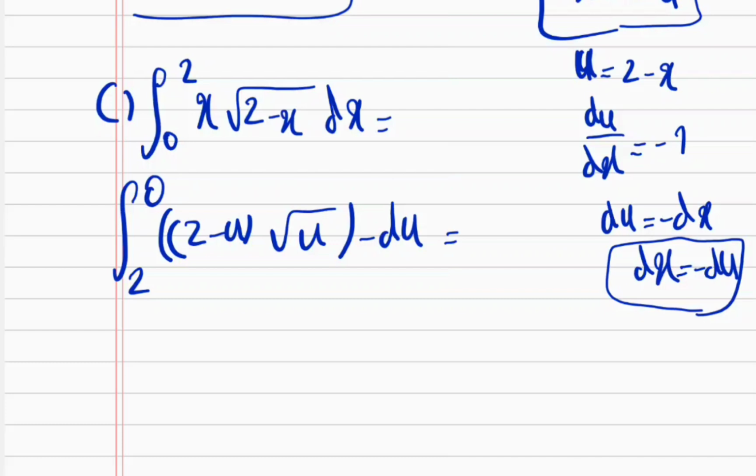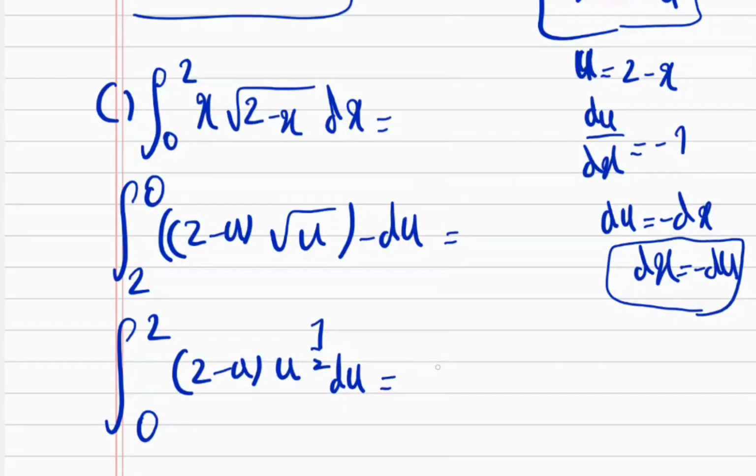One interesting point here is that we can swap the limits, so 2 goes up and 0 down, and then we add a negative to the integral. So essentially we have a double negative. We already have this negative, and then we multiply everything by another negative, which means the whole effect becomes positive. So we'll have this integral, which is 2u to the power of half minus u to the power of 3 over 2, du.